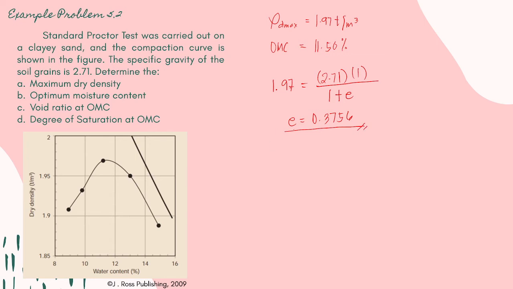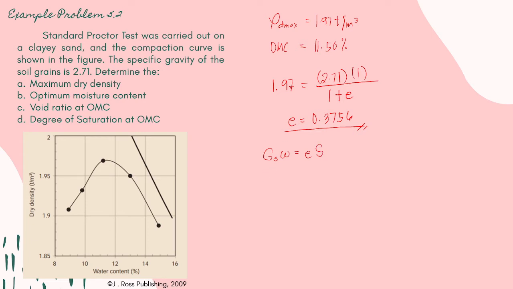For the last part, we are asked to calculate the degree of saturation at the optimum moisture content. We'll have to use the formula: the specific gravity times the moisture content is equal to the void ratio times the degree of saturation.